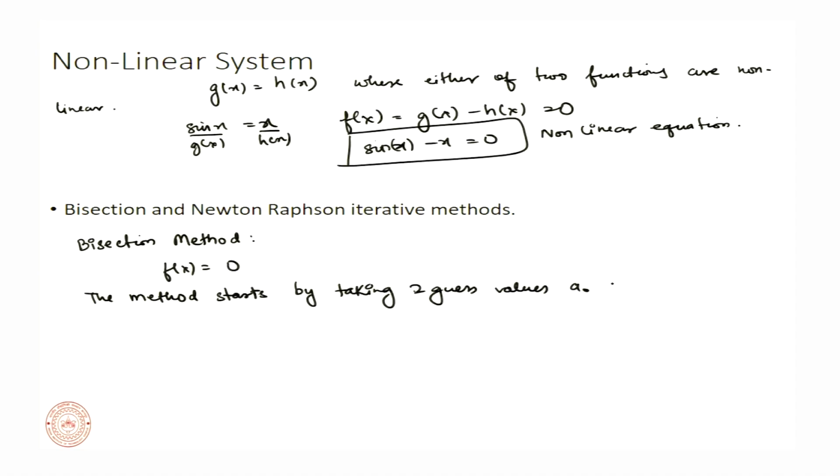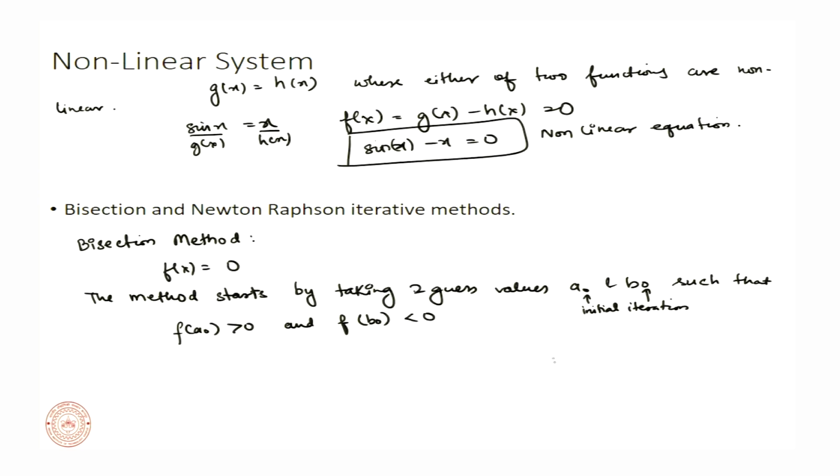So these are our first iteration, the initial iteration, and these values are taken such that f of a naught is greater than 0 and f of b naught is less than 0.